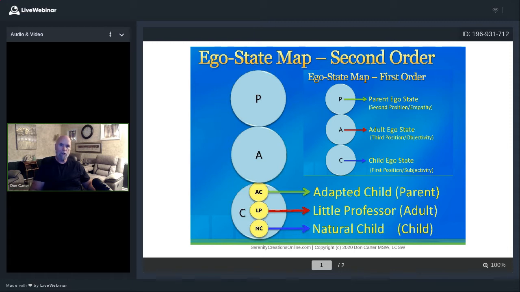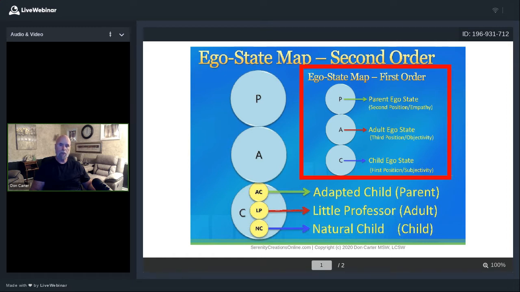But just taking a look at this one, let me change my pointer here. If you take a look at this inset right here, this is the very basic structural diagram of ego states. It's the foundational ego state map. It's first order.